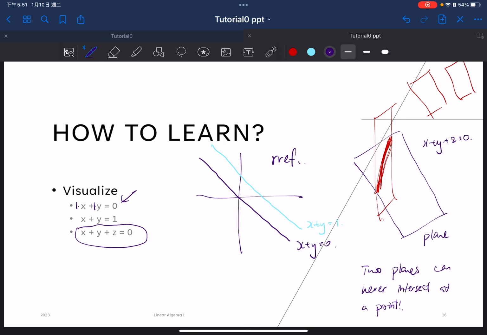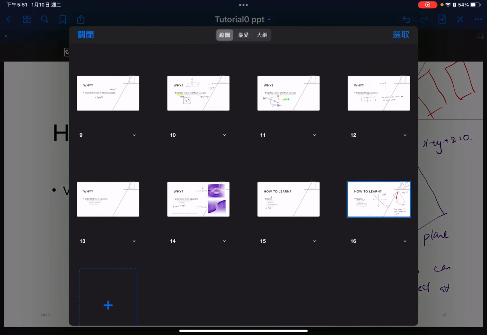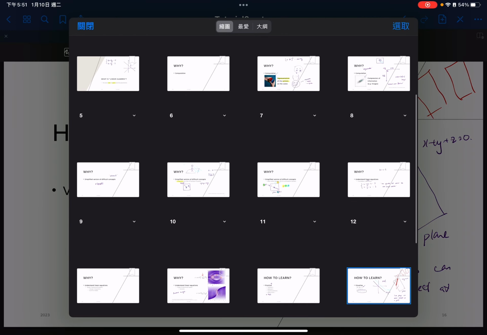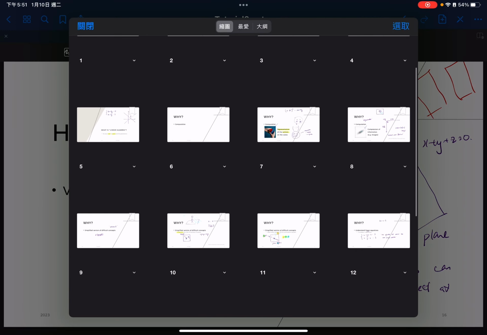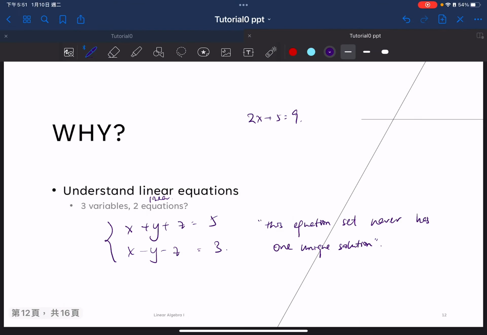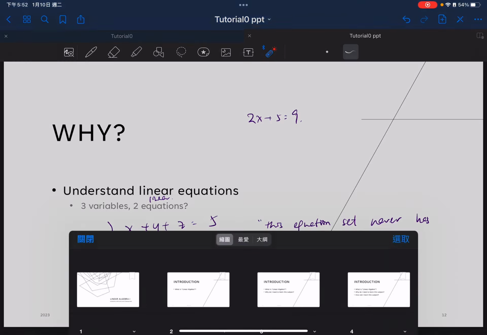You can even imagine it in your mind. But let's go back. You remember I told you about the equation. Let me find this one. Okay. I told you about 3 variables and 2 linear equations, and I never told you why these kinds of equations can never have a unique solution. But that's the reason.